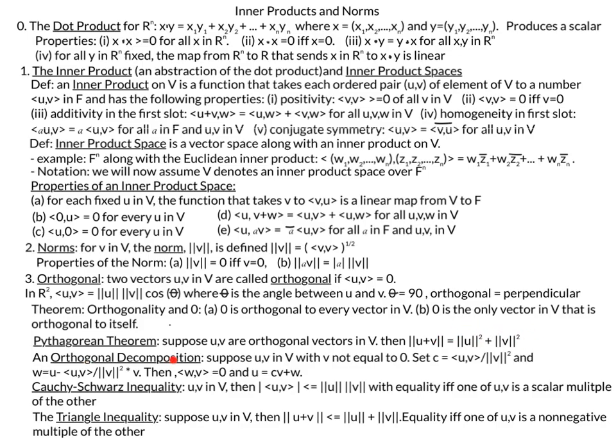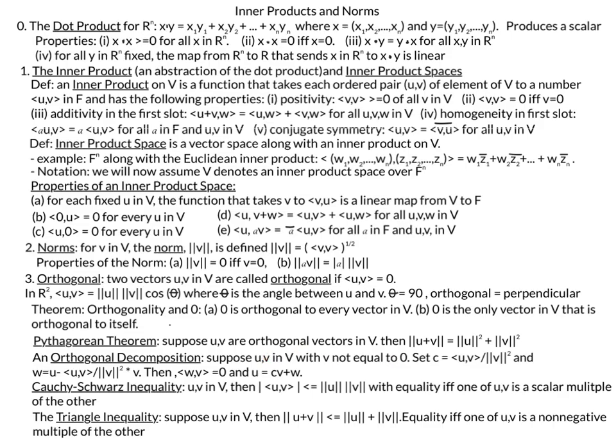We had orthogonal decomposition, where our goal was to write a vector u as a linear combination of v plus another vector that was orthogonal to v. So suppose we had vectors u and v in a vector space with v not equal to 0.